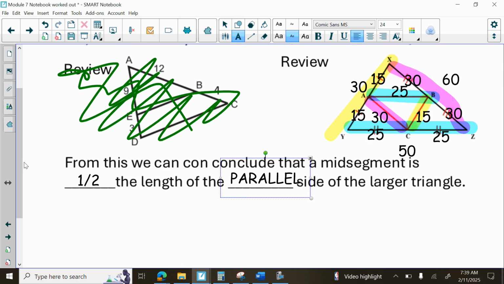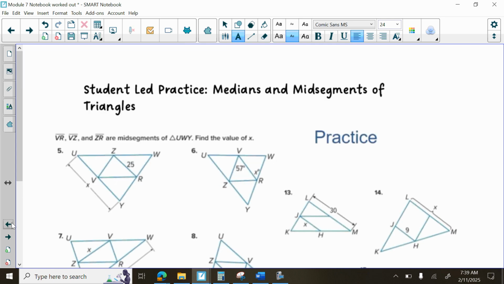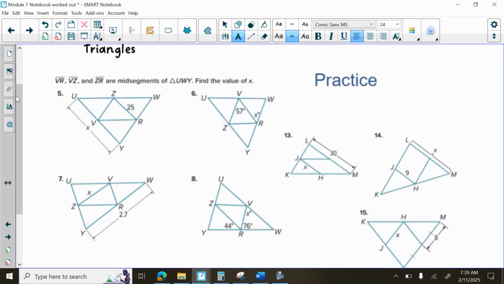Good question. Okay. So now I'll do a couple of these with you guys. What is the measure of X?